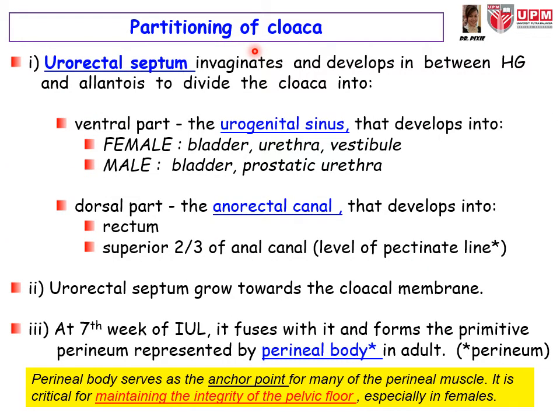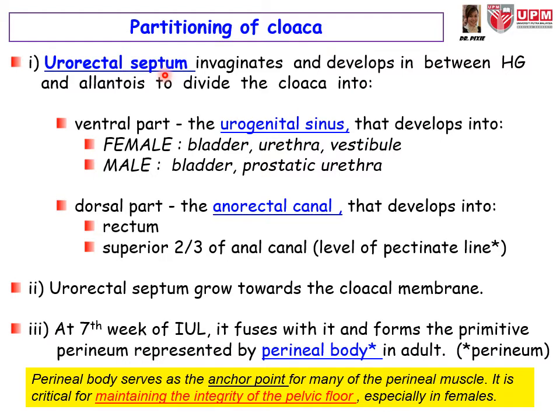When we discuss the development of the hindgut, it is important that we talk about the cloaca. Again, the cloaca is the terminal dilated part of the hindgut, and it is further divided or partitioned into the anterior part, the ventral part, and the dorsal part, the posterior part, by the urorectal septum.